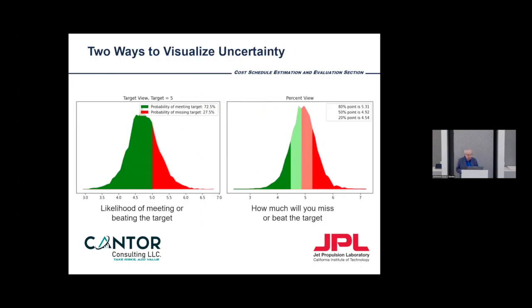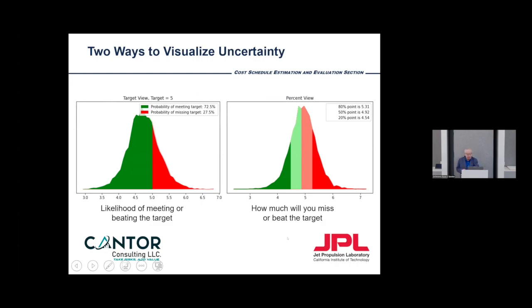So there are two ways to visualize uncertainty, and both matter for program managers. One is the review I gave you before: what is the probability of actually hitting the target? The other is, how much are you going to miss it by? For example, if your BAC, in whatever units we're working in, is 5, the budgeted cost versus the actual cost at completion, and you come in at say 5.1, that's not too bad.